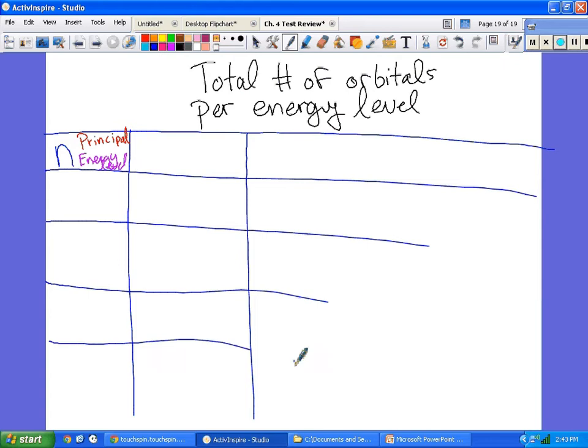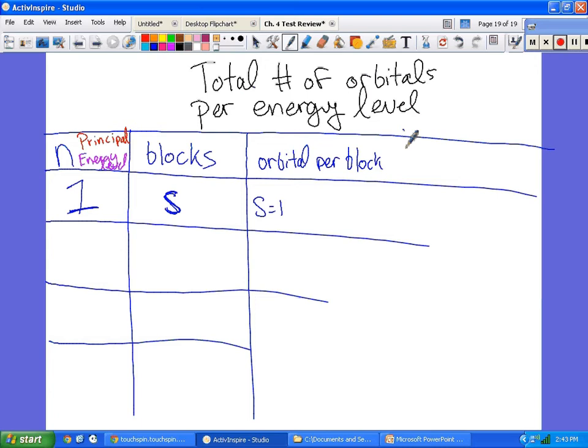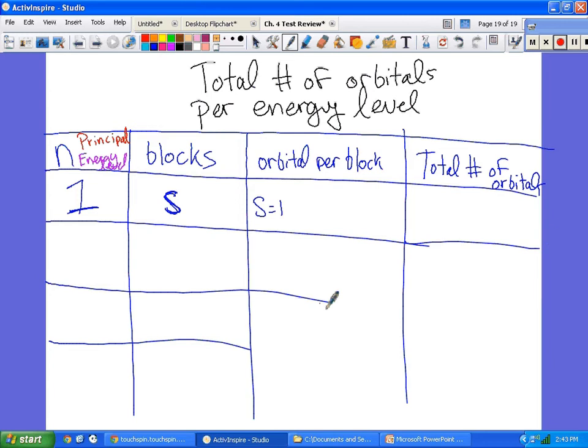When N equals 1, the only block you're going to have is S. So S is going to have 1 orbital, so the total number of orbitals in the first period is 1.